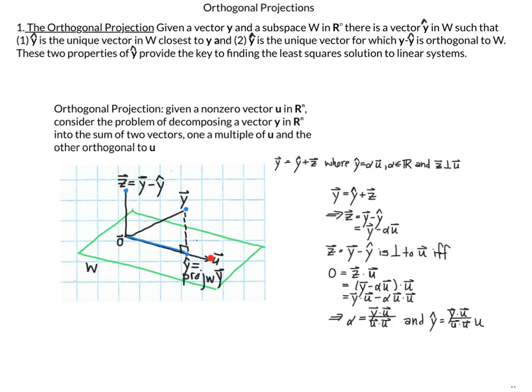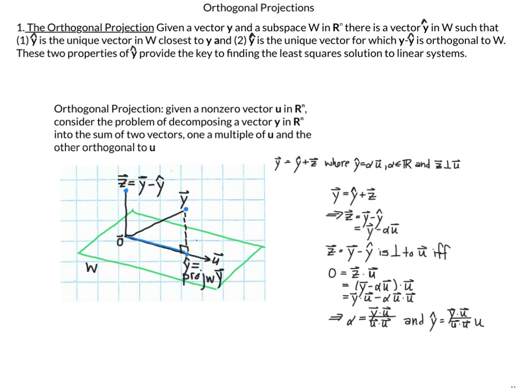And what we did is we found the projection of y onto u. So we decomposed a vector y in Rn into a sum of two vectors, one a multiple of u, so we scaled u, and then we added it to another vector orthogonal to u, which was z equals y minus y hat, y hat being the scaled version of u.